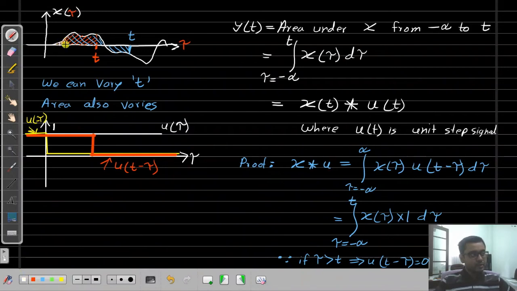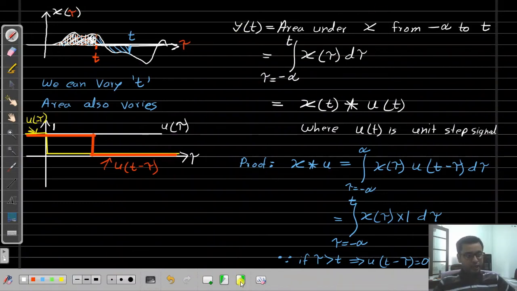It will be like x up to this point of time. After that it will become 0. So it will remain non-zero up to this point of time only, and when you calculate the integration, you will get the area up to this point. That's how to visualize this formula.